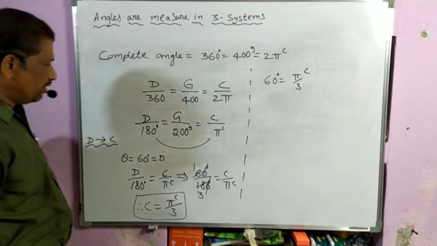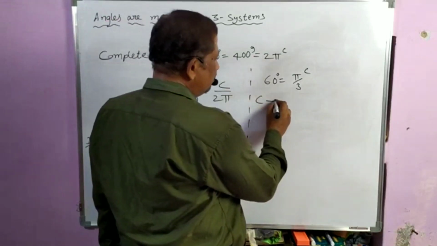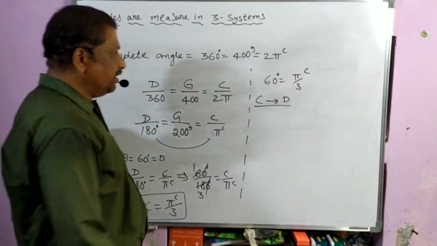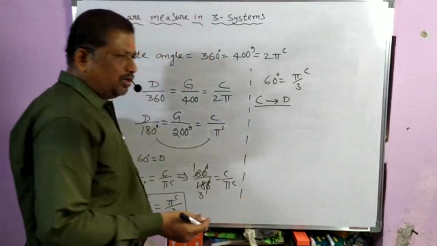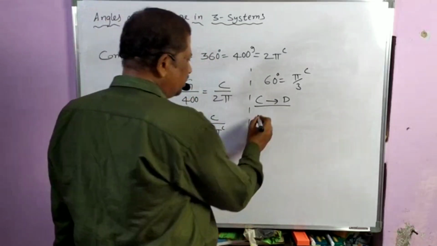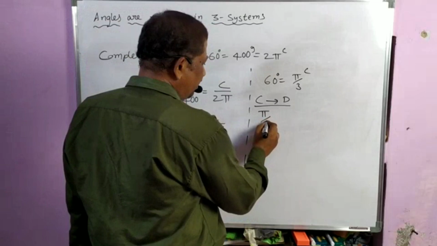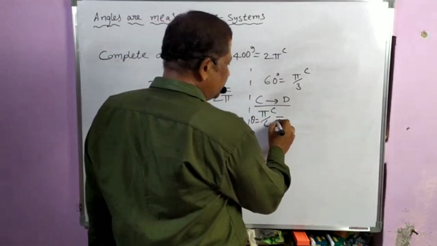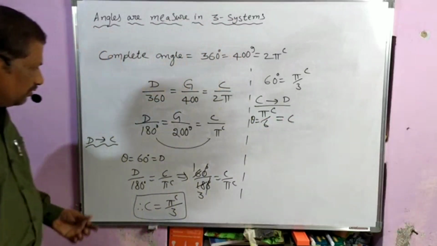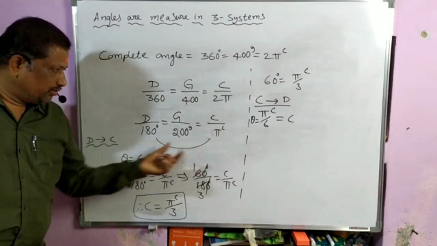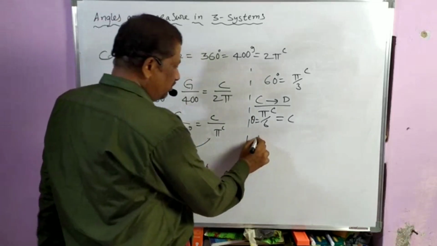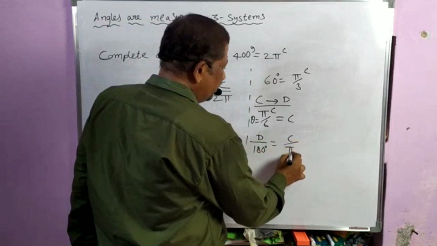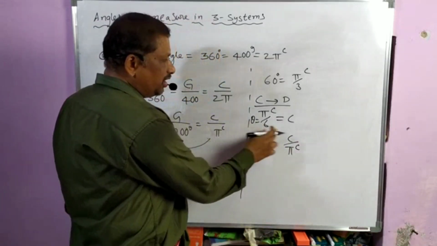Now radians to degrees we have to convert. How to convert an angle from radians to degrees? Suppose we take theta is equal to 5 pi by 6 radians. This we substitute in the place of C. So the relation we know, D by 180 degrees is equal to C by pi radians.